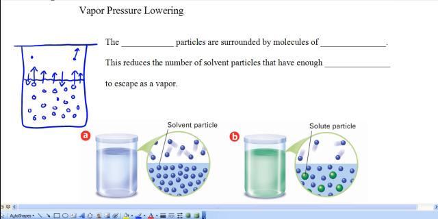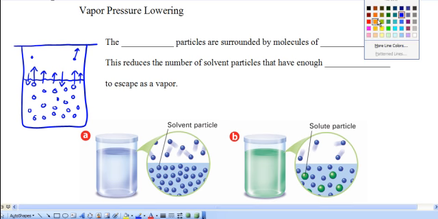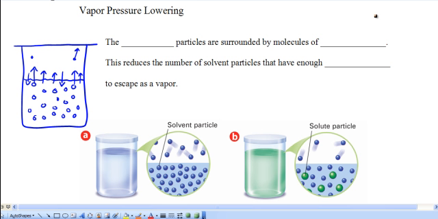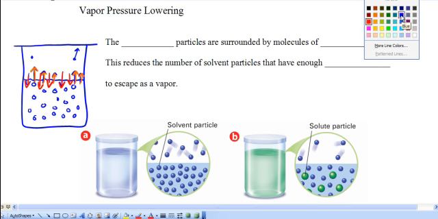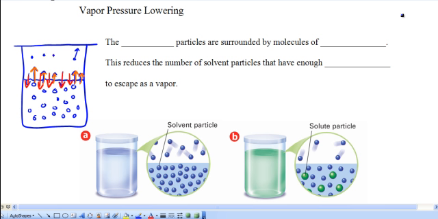When you have the same number of particles going up into the gaseous phase as we have crashing back into the liquid phase, the pressure that's exerted by these particles up here is called the vapor pressure.